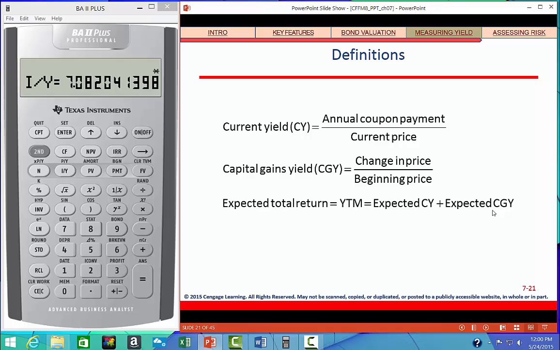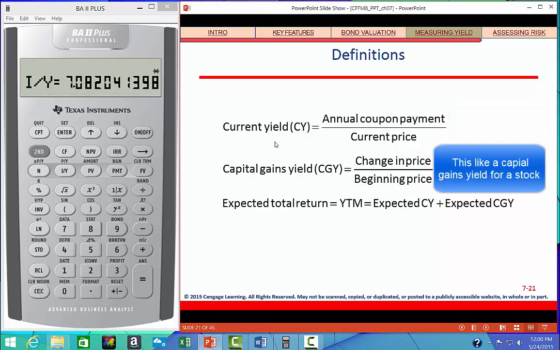It's made up of the capital gains that you would receive for the change in price for the stock, plus the dividend yield, which would be the current dividend divided by the current market price. So this is really like the same thing. We have two components, capital gains and a yield based on the coupon payments for a bond.